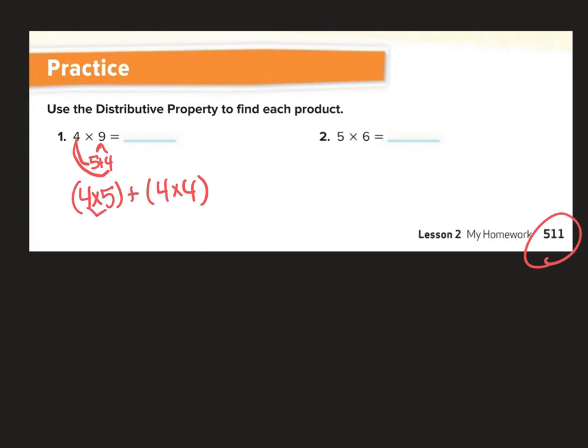Okay, 4 times 5 is 20. Plus 4 times 4 is 16. So if I'm going to add 20 and 16, 0 and 6 makes 6. 2 and 1 makes 3. I was multiplying, you guys. 2 plus 1 is 3. So our answer is 36.